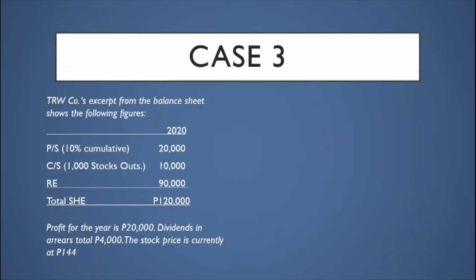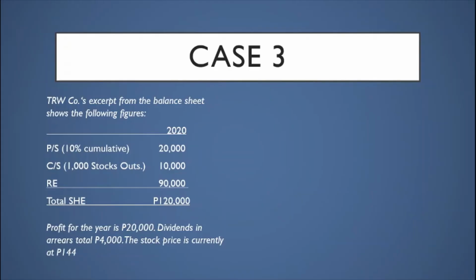Let us refer to the following case. PRW Companies excerpt from the balance sheet shows the following figures for 2020. Preferred shares, 10% cumulative, 20,000 pesos. Common shares, 1,000 stocks outstanding, 10,000 pesos.